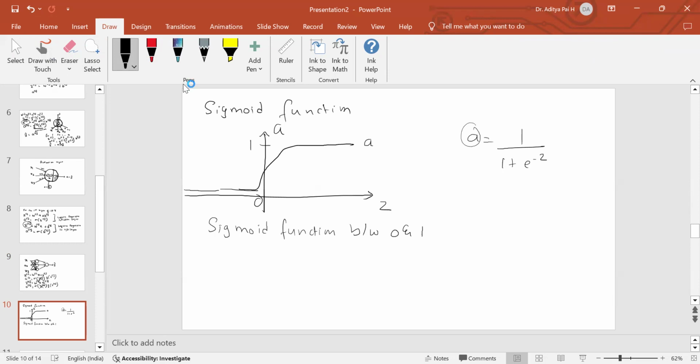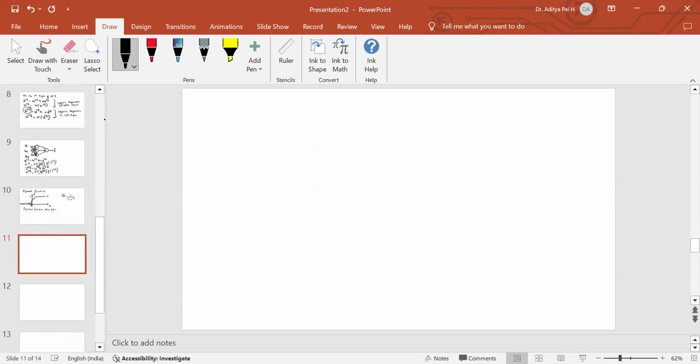Now there is an activation function that goes better than the sigmoid, and that is the tan h function, the hyperbolic tangent function. So what is the tan h function?